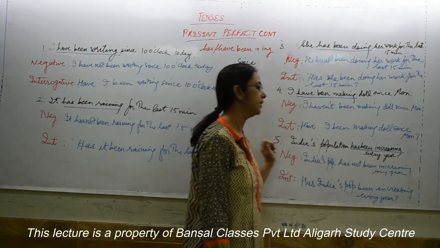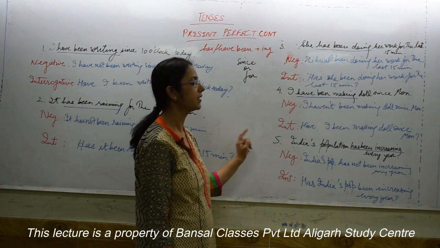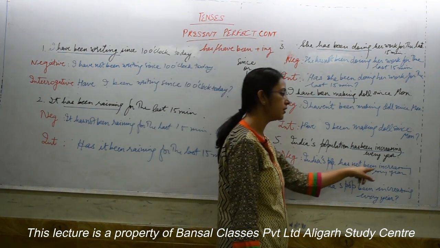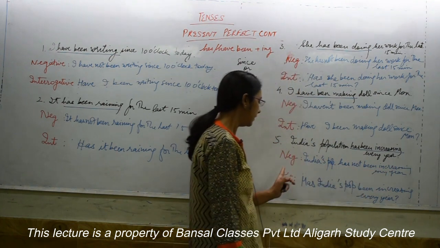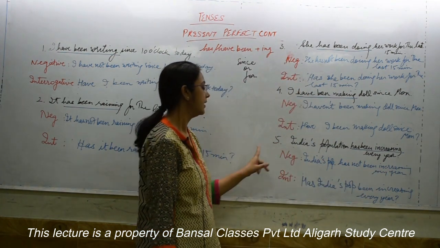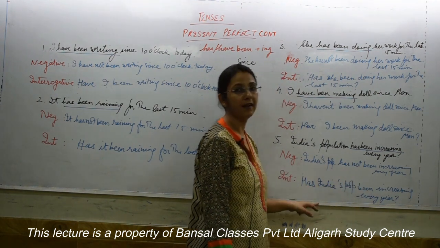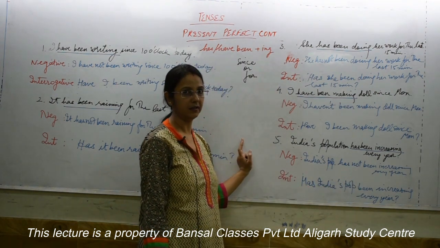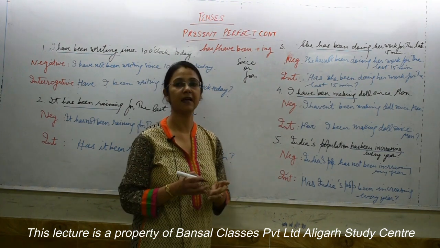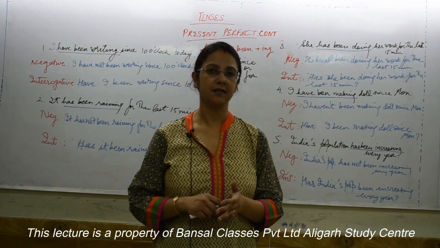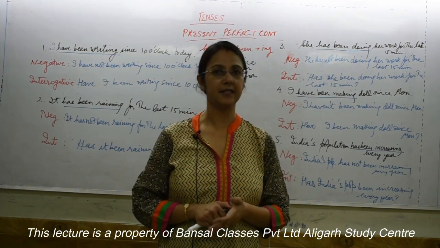Population has been increasing every year. Negative would be India's population has not been increasing every year. Then interrogative, has India's population been increasing every year, and a question mark. So this completes our present tense. Let us do some fill in the blanks about the present tense.